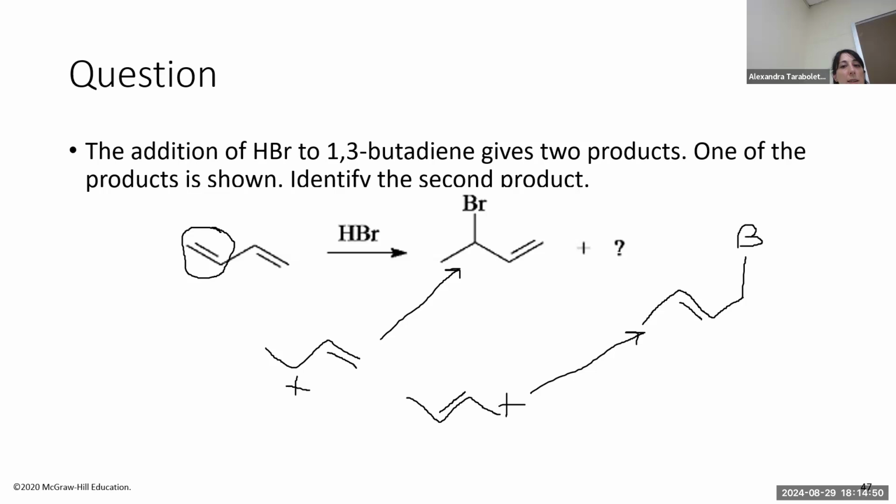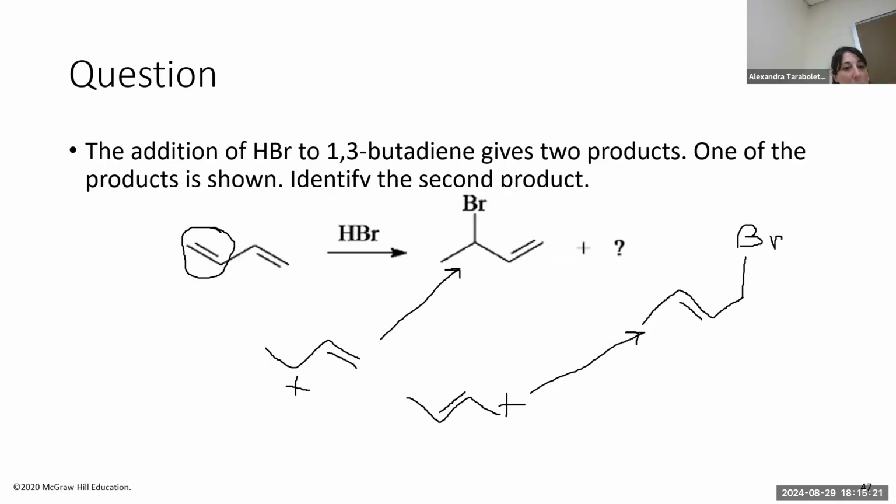I'm just noting to think about doing that because some people memorize this concept of 1-2 and 1-4, and they just slap a bromine on the 2 position or a bromine on the 4 position, but they don't remember that the double bond is also moving. So if you were to just put a bromine here, but not move the double bond, that is not the correct product.